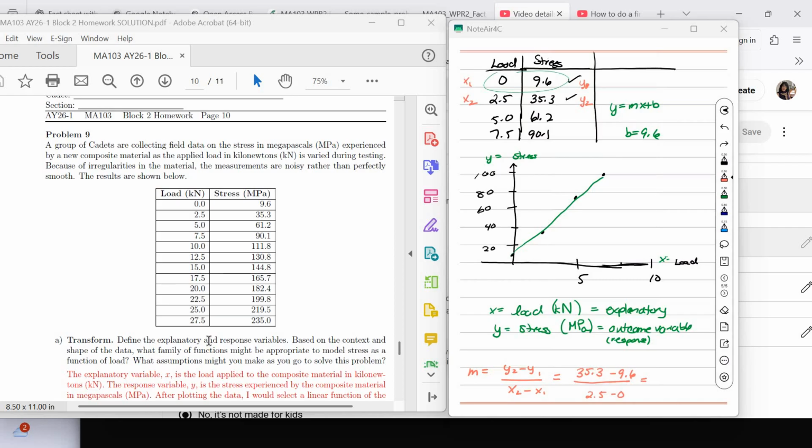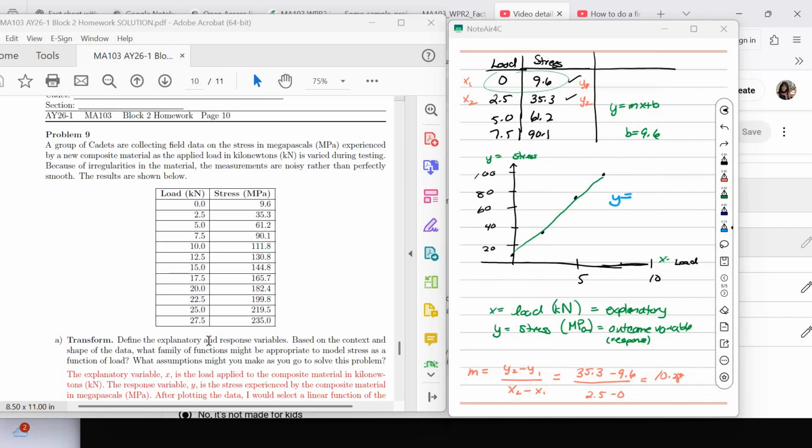You can't see the typos I'm making, but I'm making typos, so it's taking me a little longer. Divided by 2.5. This is 10.28. That's my slope.